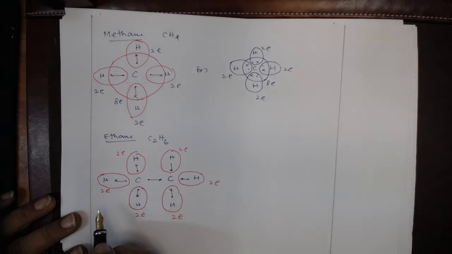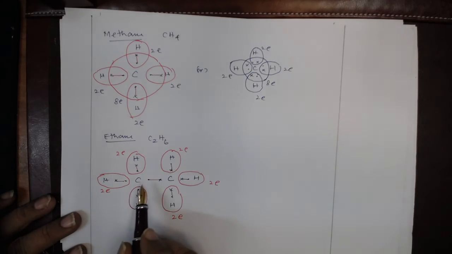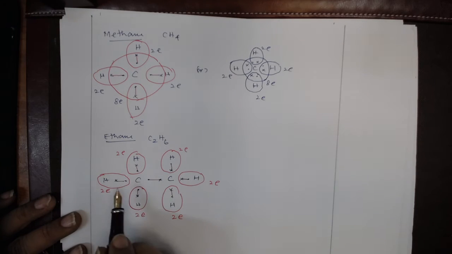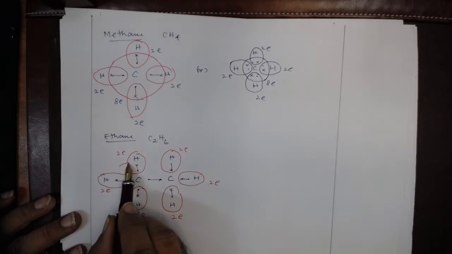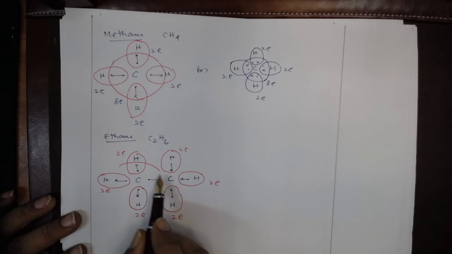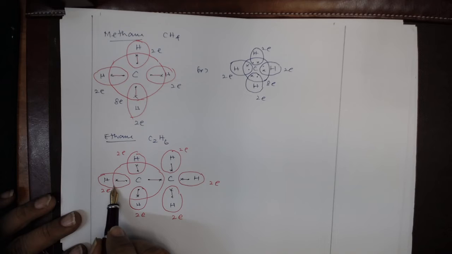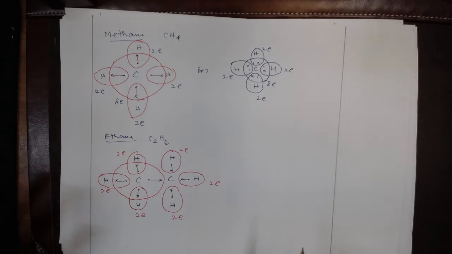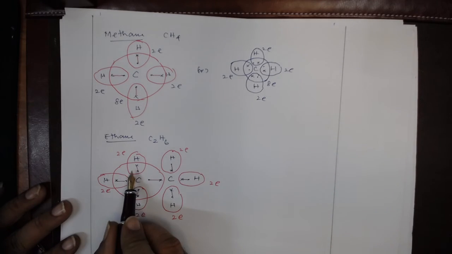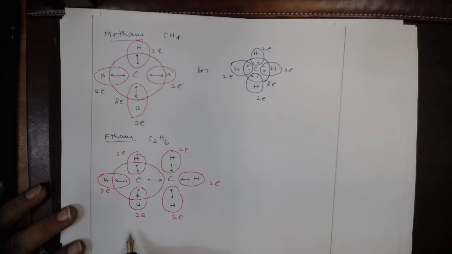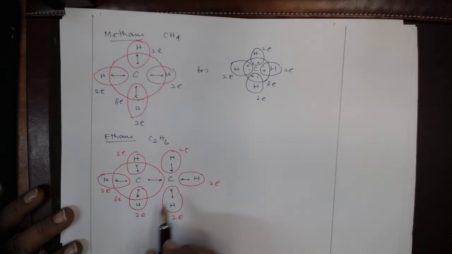And what about carbon? We'll check whether it has 8 electron system. 2, 4, 6, you can include this one also. So are you able to understand this drawing? So it has included 2, 4, 6, 8. Okay. So this carbon has 8 electron system. And what about this?